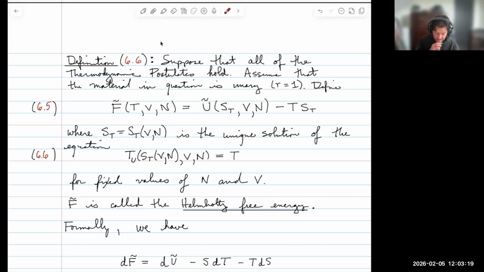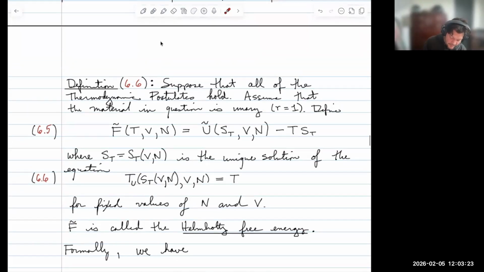This is how we're going to define the Legendre transform. We've introduced all these tildes and let them float around. In the thermodynamics literature, none of this appears. So they would just write this as F is equal to U minus TS. So let's see why and how this defines the Legendre transform.